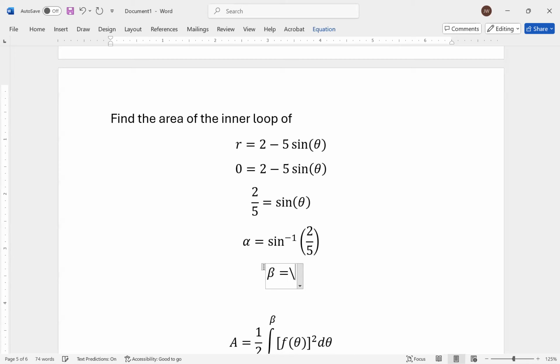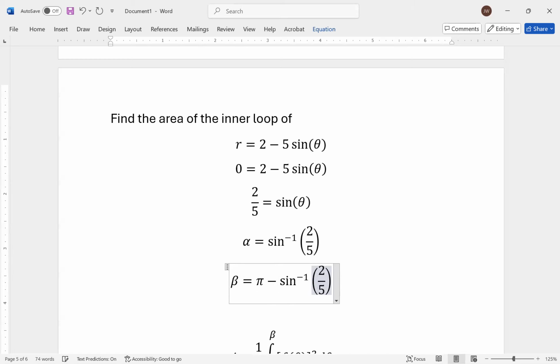So if I take pi minus the inverse sine of 2/5, then I'll get that roughly 2.73 number. Again, remember how that works on the unit circle. Hopefully you remember how that works on the unit circle.